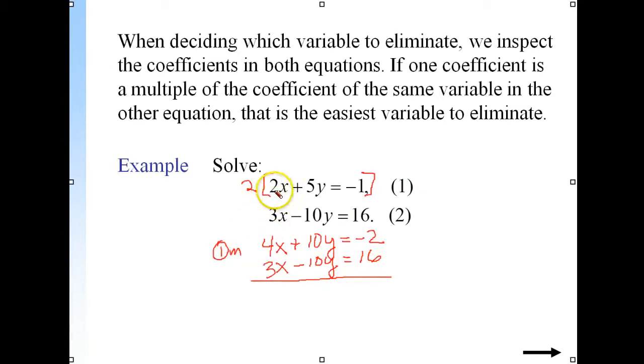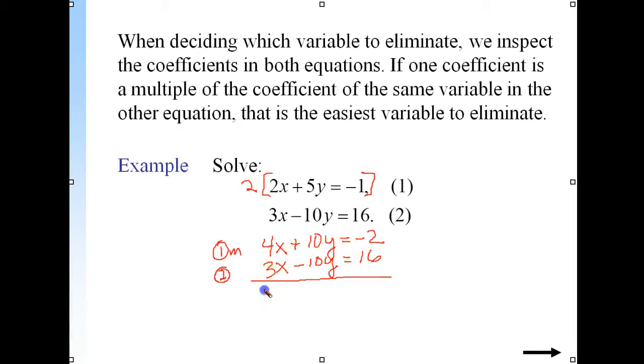As we do this one, I decided I'm going to eliminate the y's because here there's a negative 10, here there's a positive 5. So if I change this equation to an equivalent equation by multiplying each term by 2, this will become a positive 10. And that's what I've done down here. I'm saying this is equation 1 that I've modified. And this is equation 2 that I didn't modify.